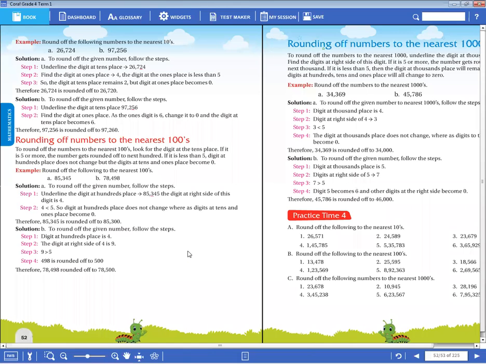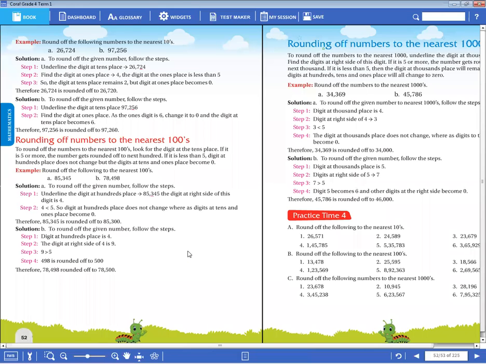If the digit is greater than 5, you have to take the next tens. So here 1 is less than 5, so we have to take 26,570 only. If in the ones place it is 7, 8, 9, like 78, 79, we have to take 580 here.